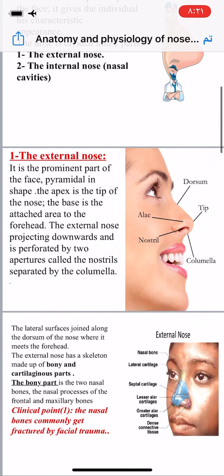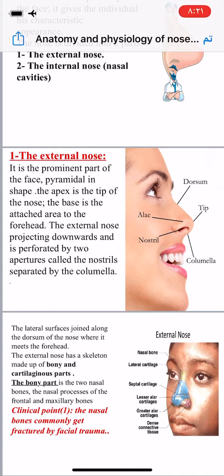Now, the external nose. It is the prominent part of the face, pyramidal in shape. The apex and the tip of the nose, and the base is attached to the area of the forehead.